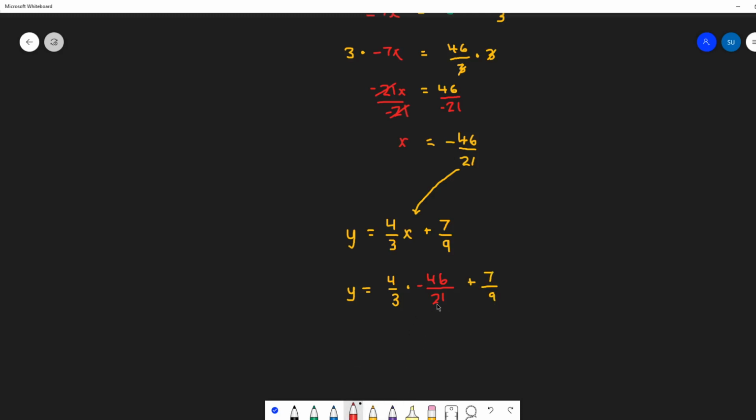Alright, so now we can multiply these fractions together. It's going to be another really large fraction.